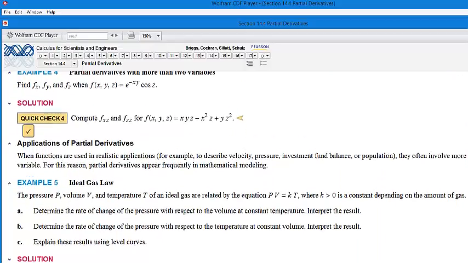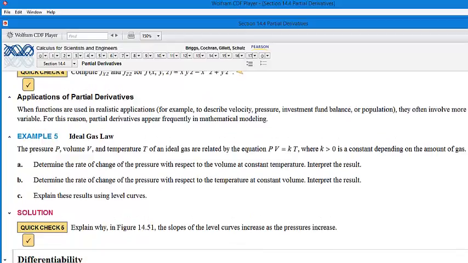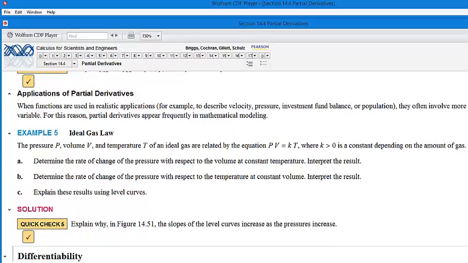Okay, but I think this is what you're talking about, right, Kathy? Ideal gas law. You guys remember this one? My chemistry teacher had this little song we had to sing, PV equals nRT, right? And R was 8 point something times 10 to the, I forget.